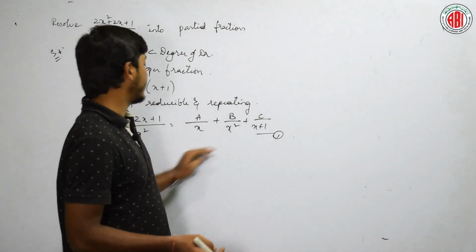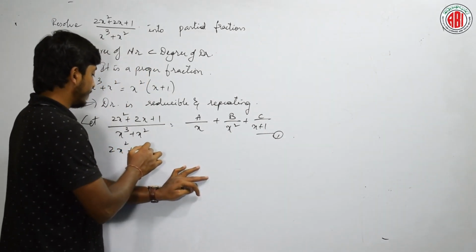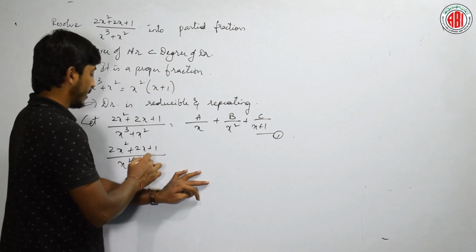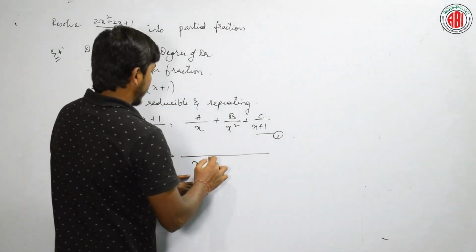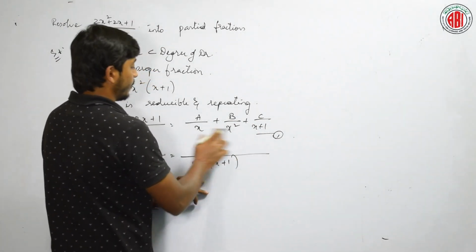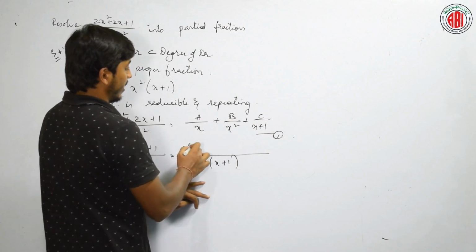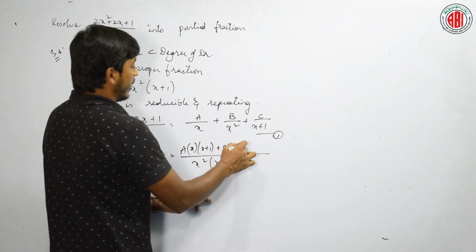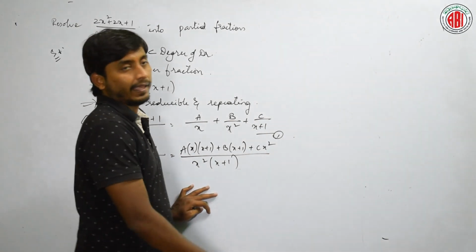Done. Now, let us take LCM here. Let me write the same thing here, x square into x plus 1, that is equal to x square into x plus 1 is LCM. Now, here a into only x is there, I will be left with x, x plus 1, and here x plus 1, and here x square, right.